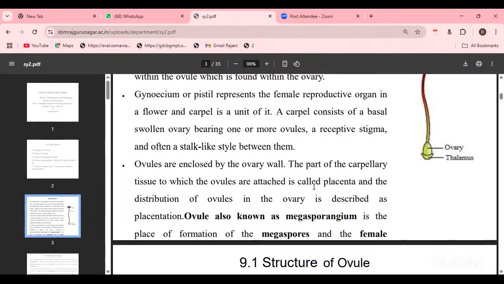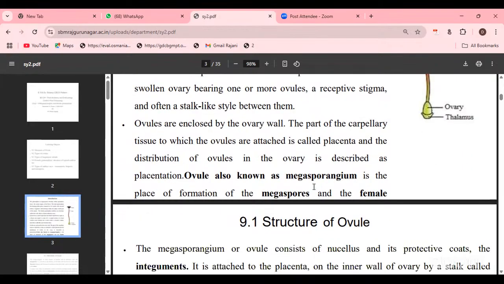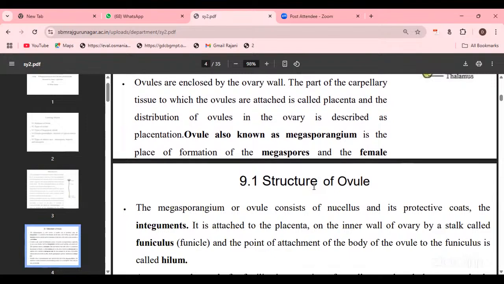And the distribution of ovules in the ovary is described as placentation. The ovules are also known as megasporangium. The megasporangium is the site of formation of the megaspores and female gametophyte.